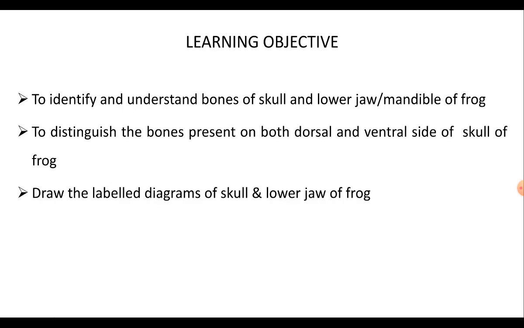The objectives of learning today's topic is to identify and understand the bones of skull and lower jaw, that is mandible of frog, and also to distinguish the bones present on both dorsal and ventral side of skull of frog, and also to develop the skill of drawing and labeling the diagrams of skull and lower jaw of frog.